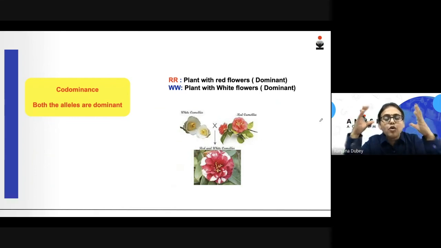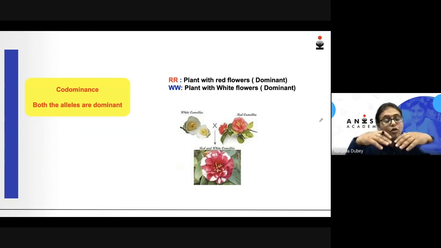That means both the dominant parents want to express themselves and therefore get expressed in the offspring. So the offspring has both red and white color in it.